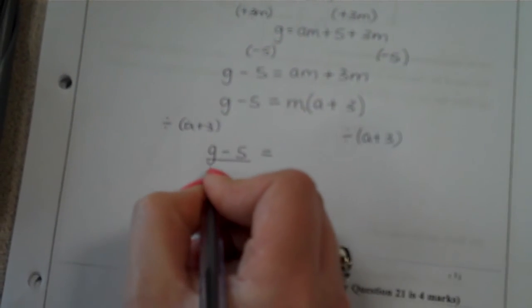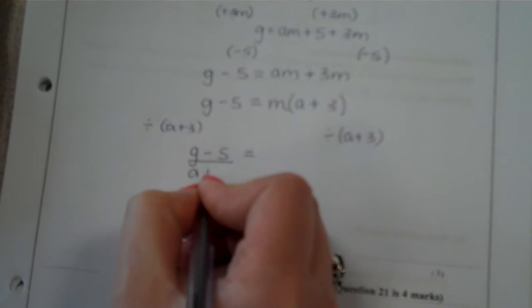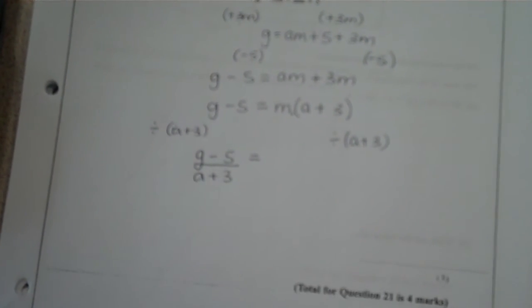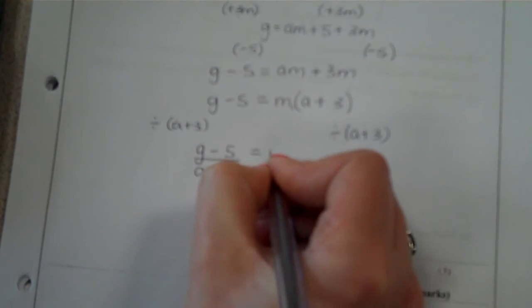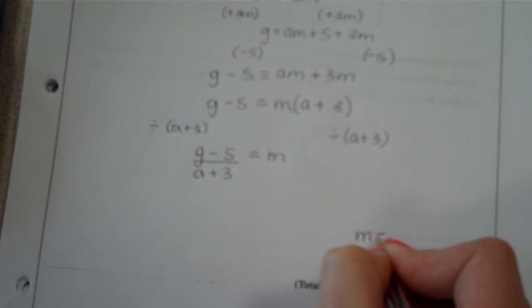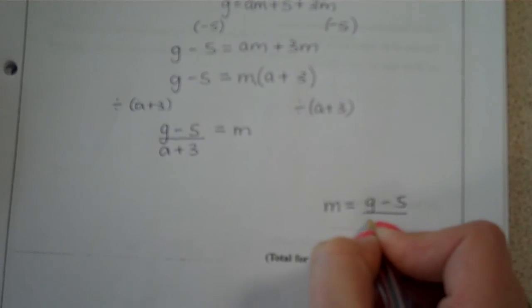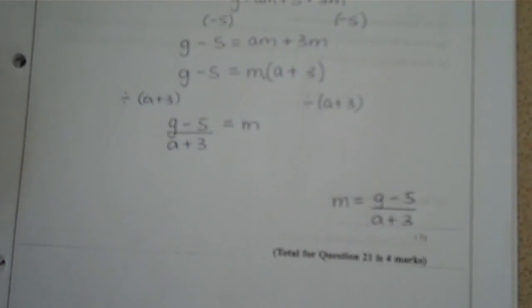And when you write divide in algebra, you write it as a fraction line. So you've got g minus 5 divided by a plus 3. These bits cancel, and so it just leaves you with m. What you should really then do on your answer line is to write it with the m on the left-hand side, so that you're clear that that's the subject of your formula.